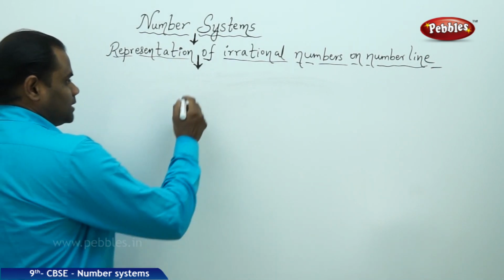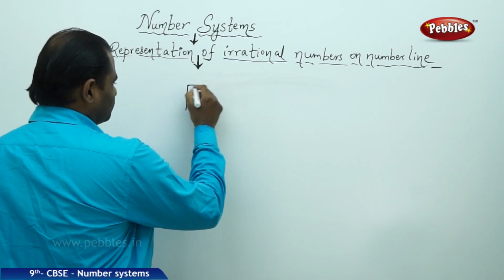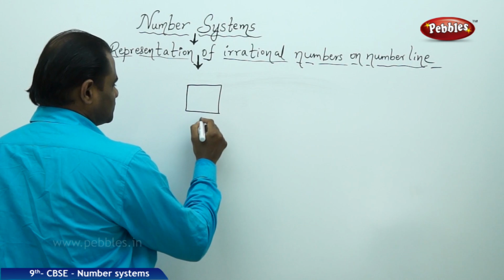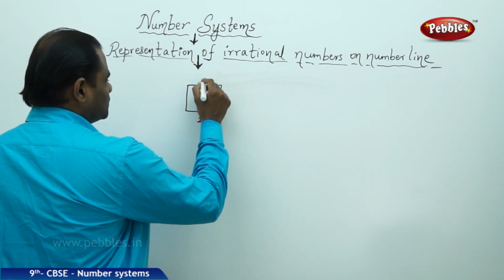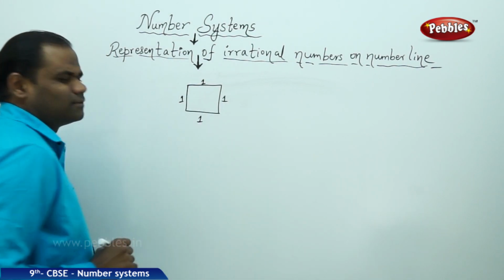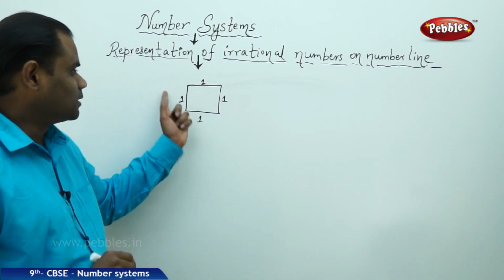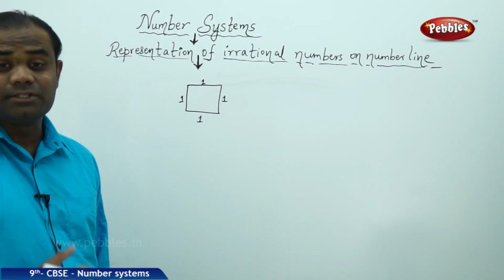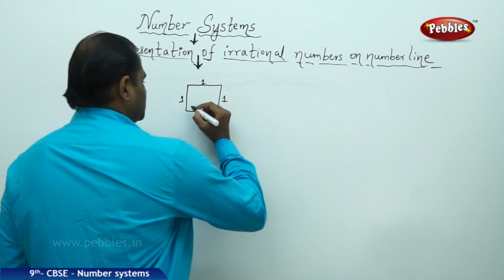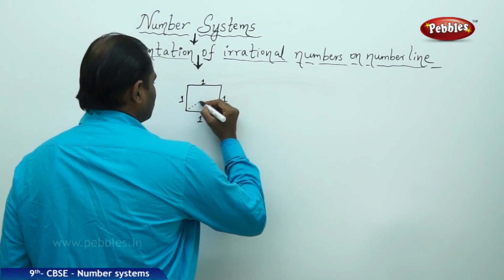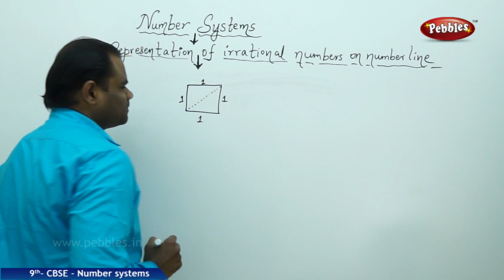For example, I take a square of side 1 unit. So here I have a square of side 1 unit, with all sides being equal, 1 unit on each side. Now here I extend the diagonal from one corner to the other corner.